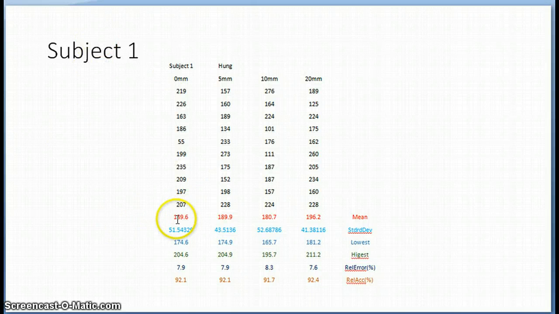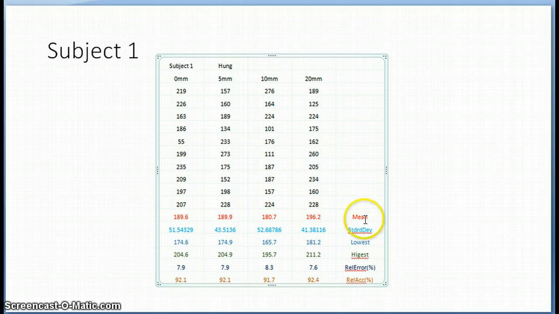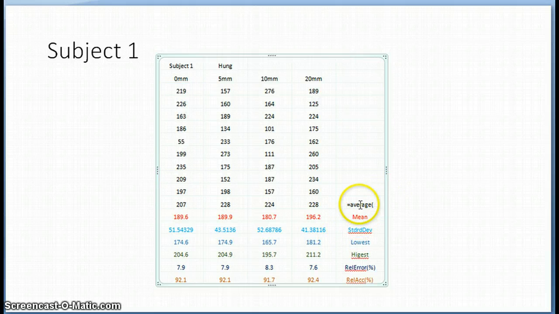So going up here again, I think I will explain more clearly how I compute the data in Excel. There's a command in Excel to find the average. By typing equals, then the word average, then parenthesis, then selecting all the cells from the first one to the 10th data, Excel will compute the average, which is the mean for us.